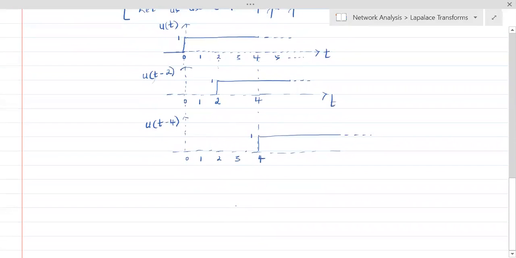Let's do this and see what we get. Everybody, just look at this. What I'm trying to get is this: u of t minus 2 minus u of t minus 4. So what would be the result of this is what we are interested in seeing.